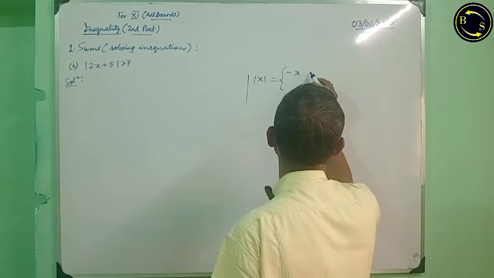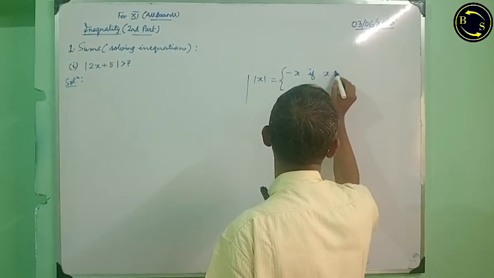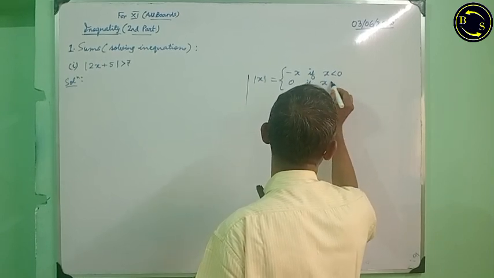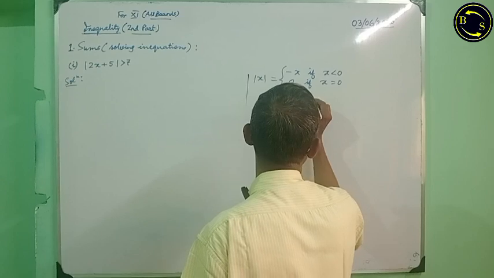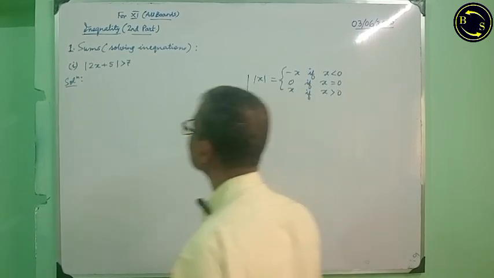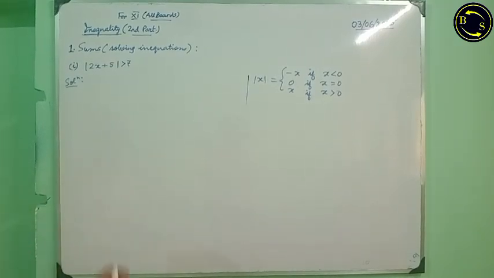Modulus x is equal to minus x if x less than 0, 0 if x equal to 0, x if x positive. Keeping that idea in mind, we first remove.